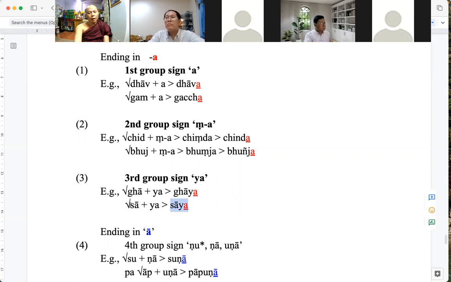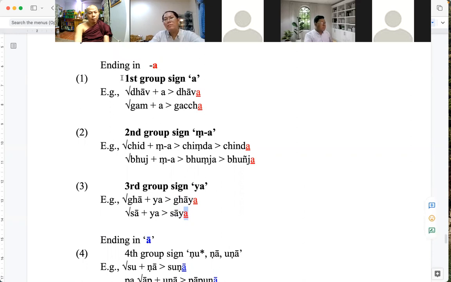So root sa and ya, so saya. Okay, saya. So now these first group sign, second group sign, nasal and R, and that group sign ya, if we add one of these to the root, all of those bases will end in a.